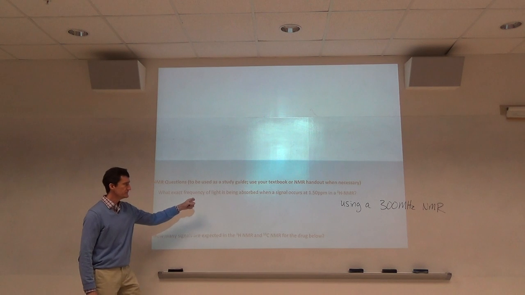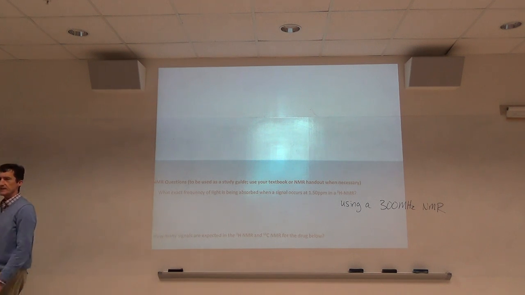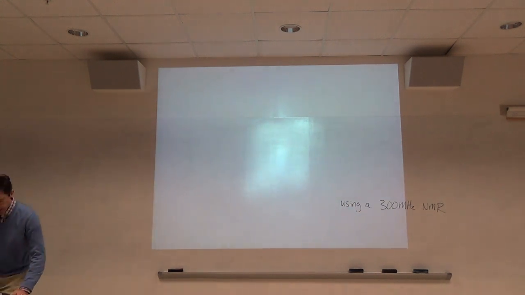You need that information. You should be able to find out how to do this in the book, the chapter. It's getting at what does ppm mean? What does parts per million mean, in terms of NMR? Please be looking at that, ask any questions in class, etc.